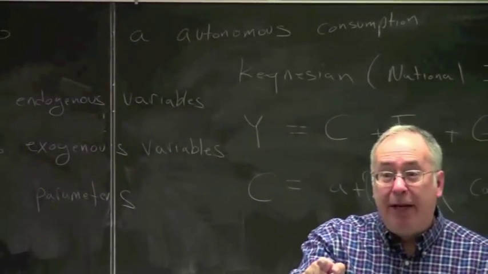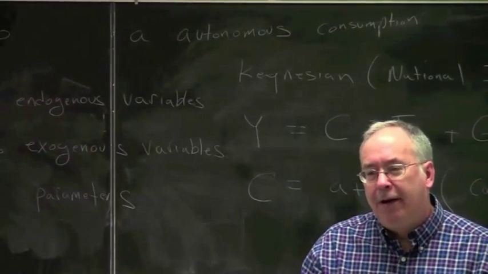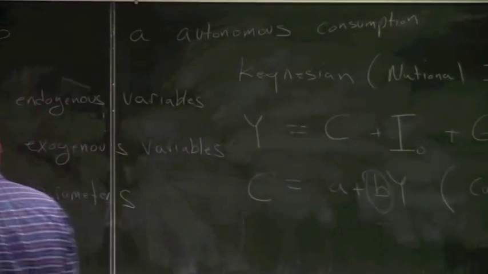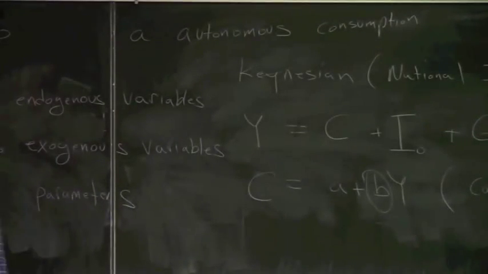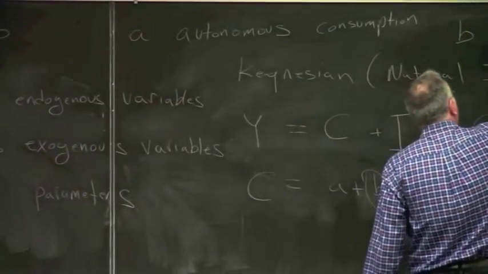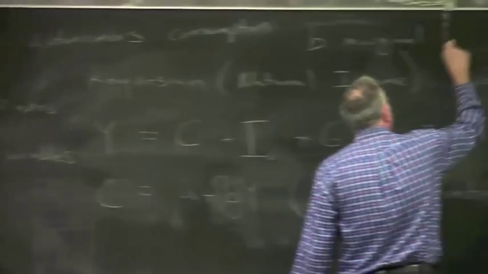Close. Yeah, it's the MPC, not the multiplier, but what does MPC stand for? Marginal. Yes, marginal propensity to consume. B is the marginal propensity to consume.